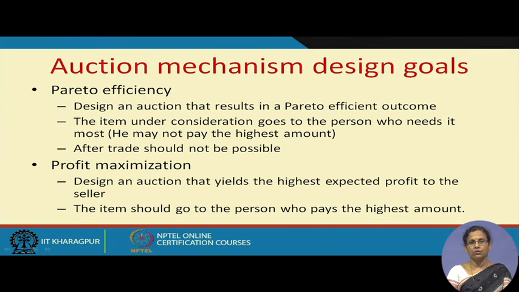Now, how do I know the person who needs it most? The person who will be paying the highest. What signal do I have? I have only the price signal. So, I will choose the person who gives me the highest price, and I will think that he is the most needy person. Now, the question is, is it so?